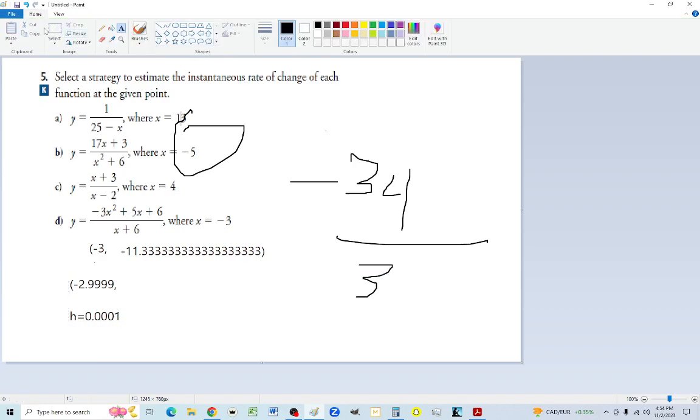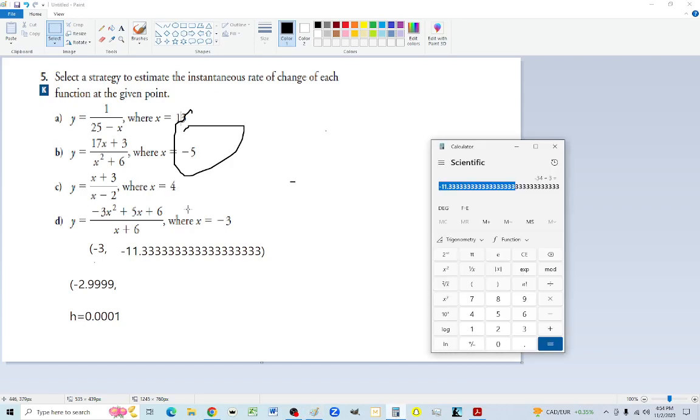Now this is a much harder calculation because I've got to take minus 2.999 and put it in where I see x over and over again. So what I'm going to do is take 2.9999 and make it negative, and put it in my memory. First I'm going to square it and multiply it by negative 3, equals.